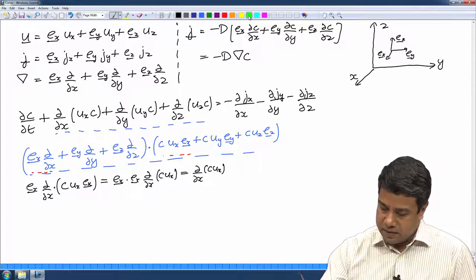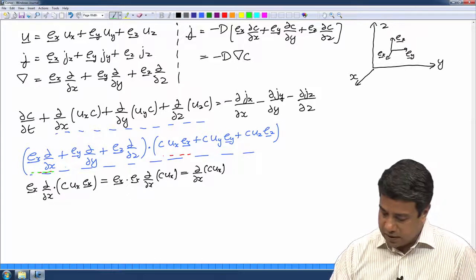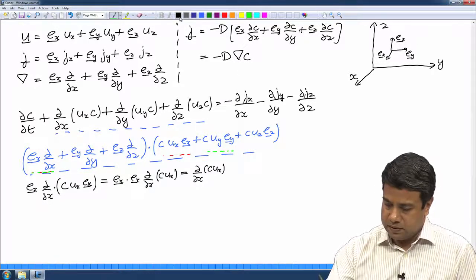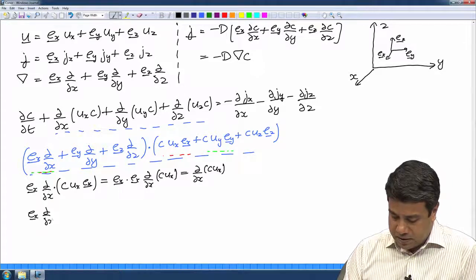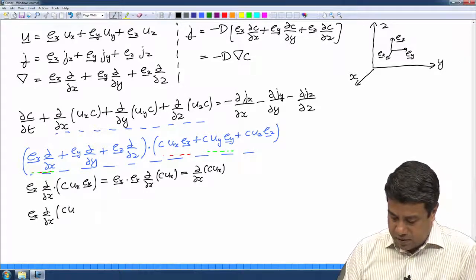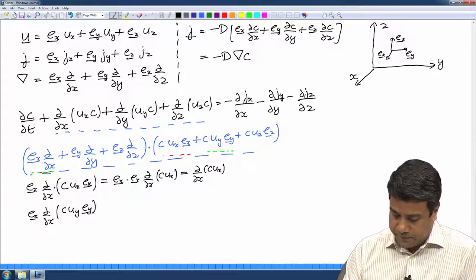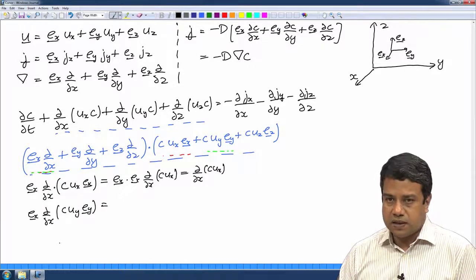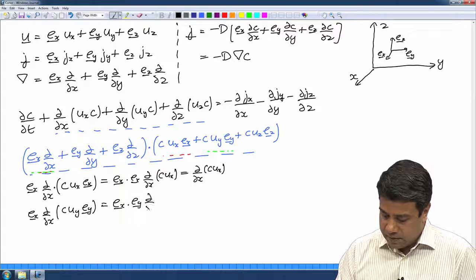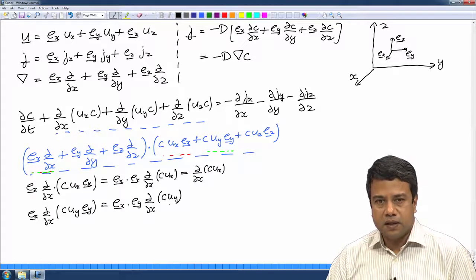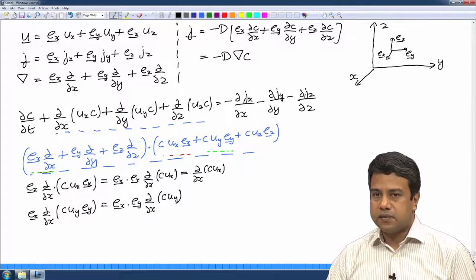Let us take the second term in the series when this operator acts on the second term here. I get Ex times d by dx of Cuy Ey. Once again, unit vector is independent of position. So, I get Ex dot Ey d by dx of Cuy. And Ex dot Ey is equal to 0 because they are perpendicular to each other.